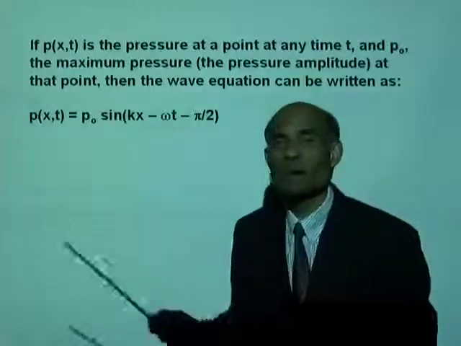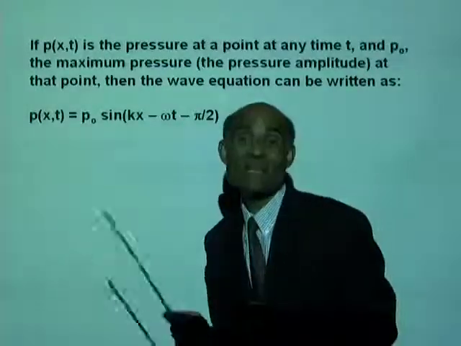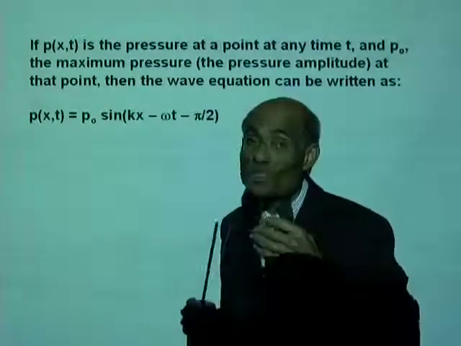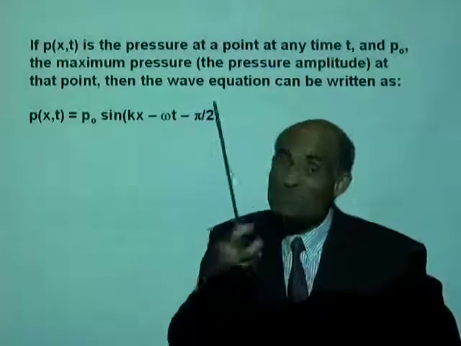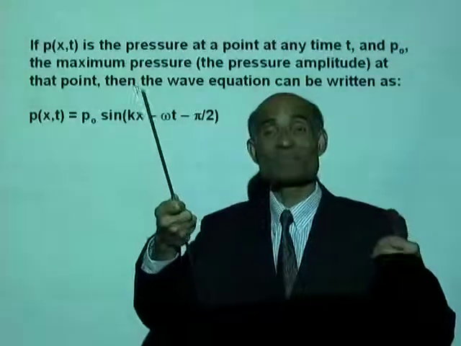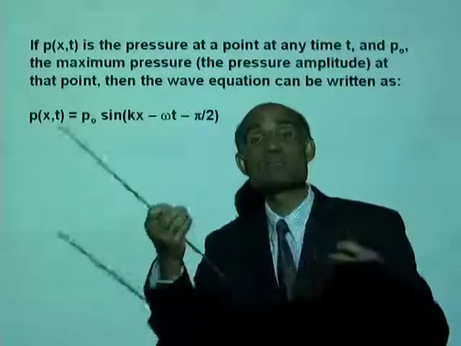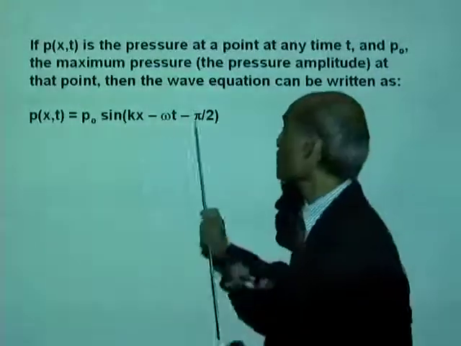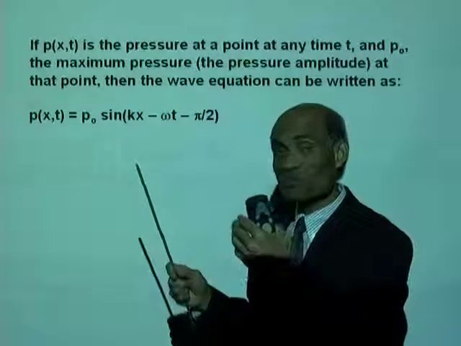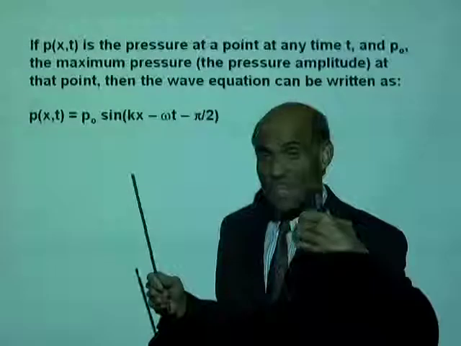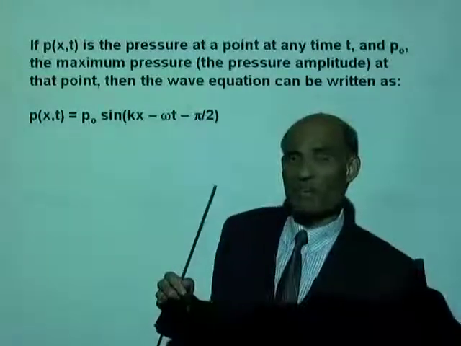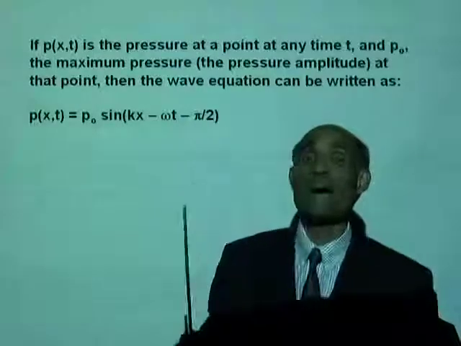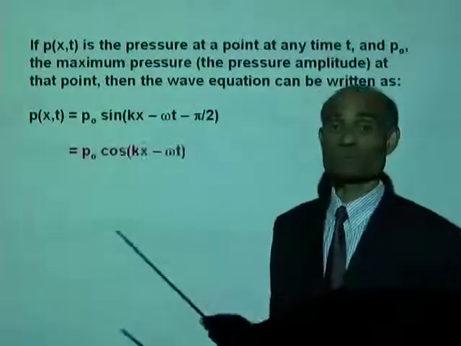Instead of plus pi by 2, we use negative pi by 2 because pressure lags behind the displacement. It is not leading the displacement, it is lagging behind. So the pressure is actually a phase of pi by 2 behind the displacement.